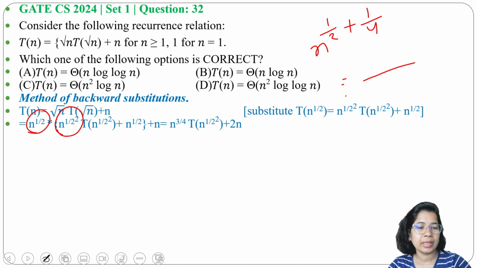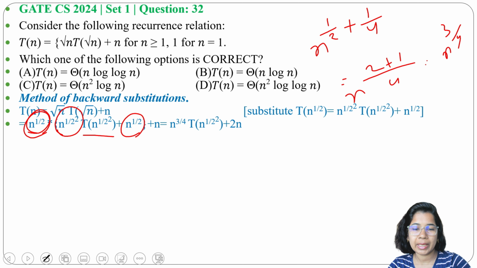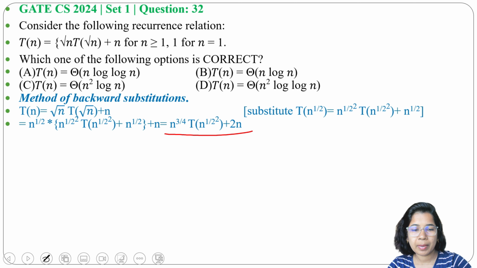So it will be n power 3 divided by 4, then T of n power 1 divided by 2 square. Then n power 1 divided by 2 times n power 1 divided by 2 will be n, and before that n is given, so n plus n, it's 2n. So we found n power 3 by 4 times T of n power 1 divided by 2 square plus 2n.